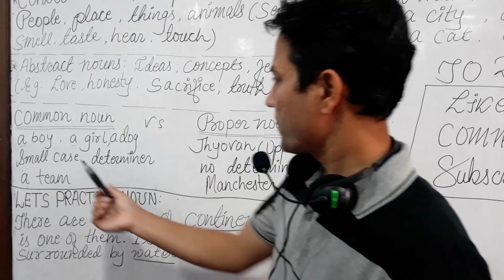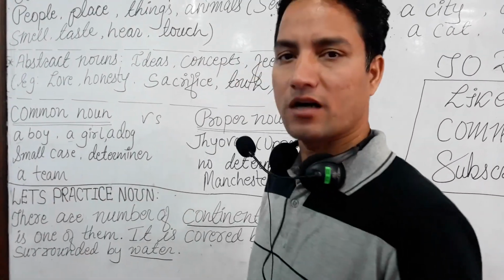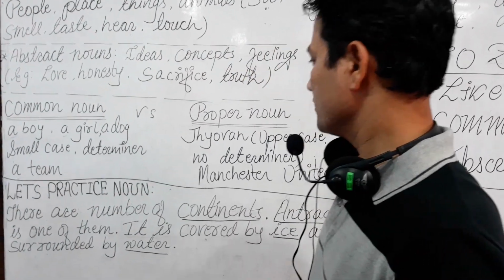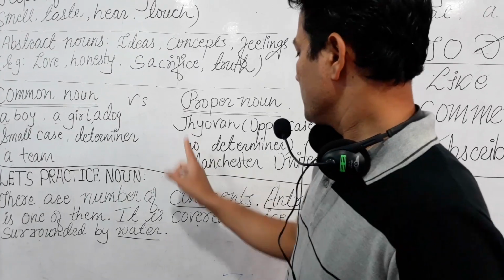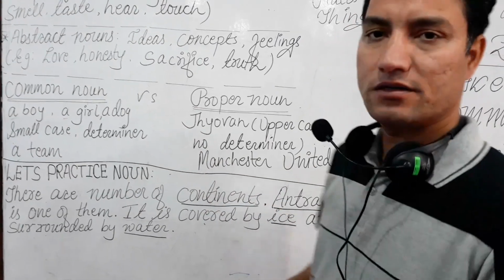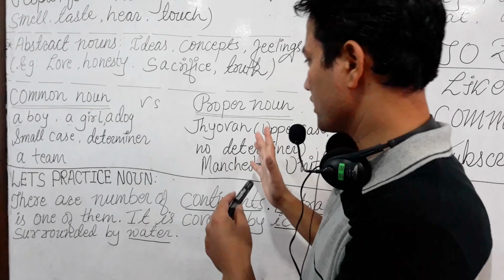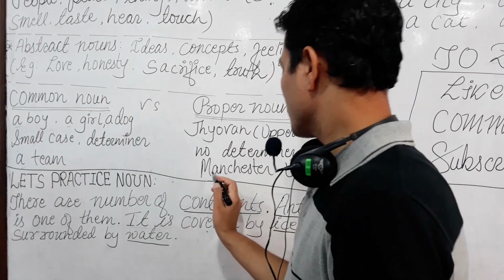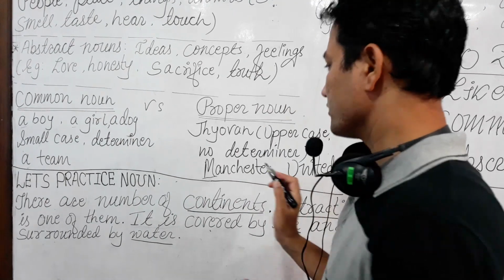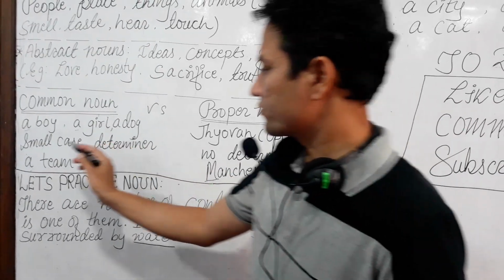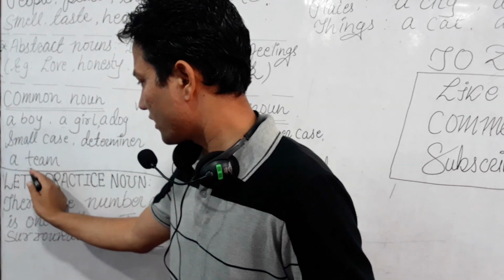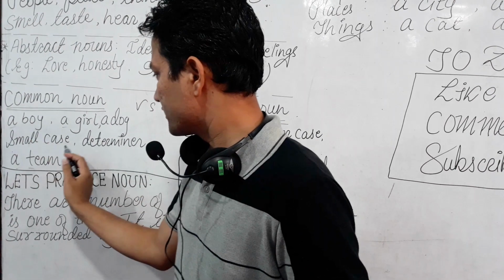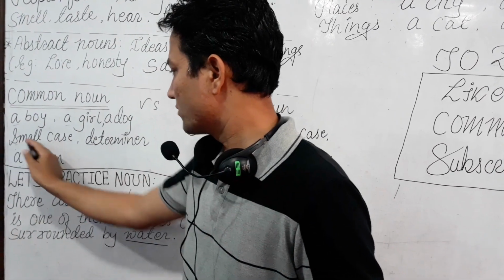For example, a team is a common noun, whereas Manchester United is a football team. You are talking about a specific football team. So you have to capitalize when you talk about a proper noun. But when you write a common noun, no capitalization. It has to be written in small case.